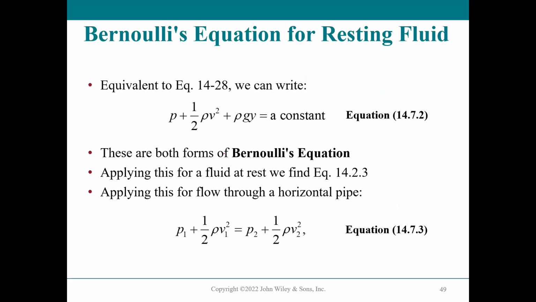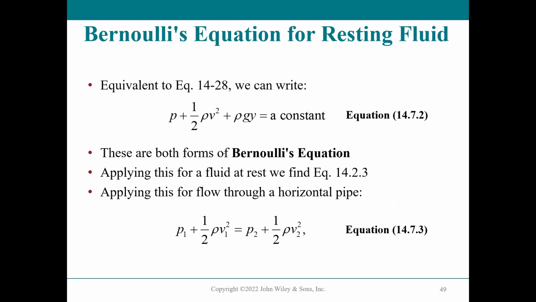So we can write the general form of Bernoulli's equation: P plus half rho v squared plus rho g y is a constant. So this is Bernoulli's equation.